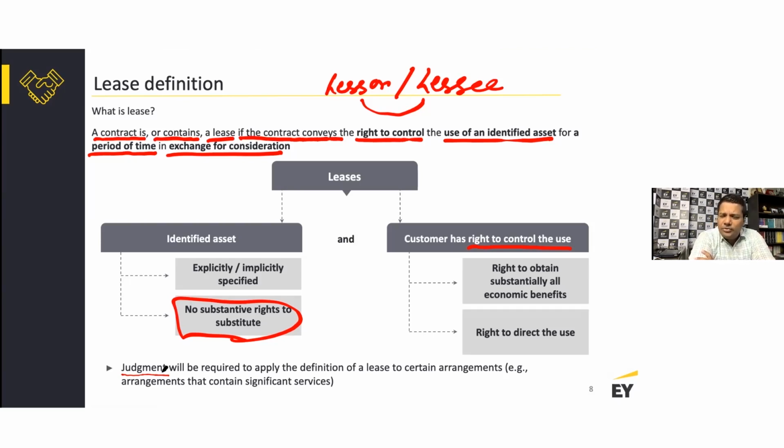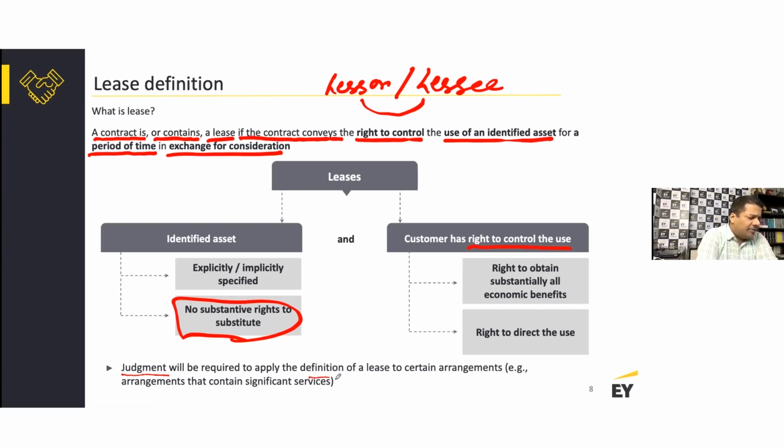So you have to apply the judgment that for the purpose for which the property has been leased, you are using that property for a specified period of time, for which you are required to pay consideration, and you are entitled to get all the benefits during that period.